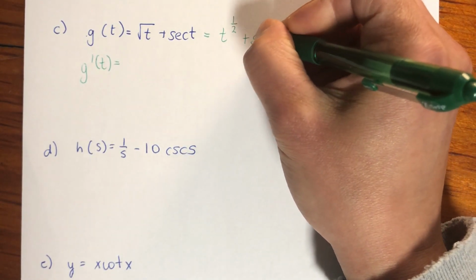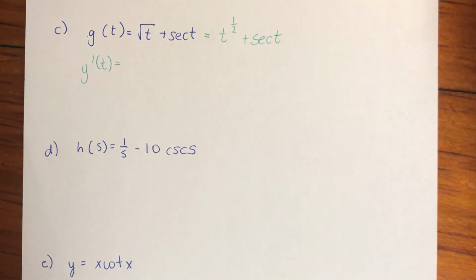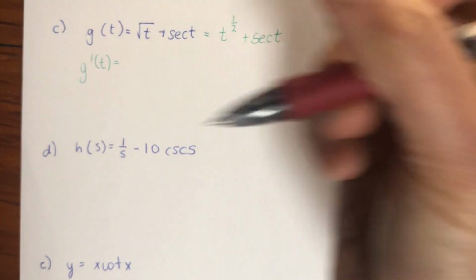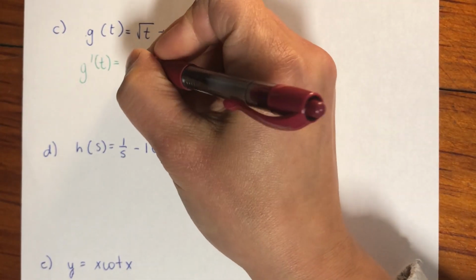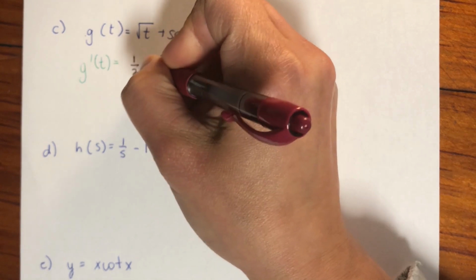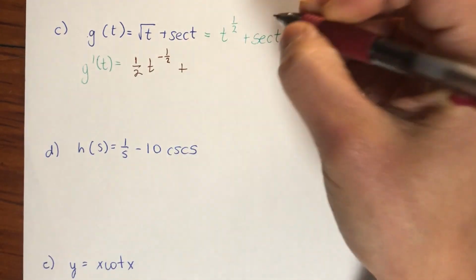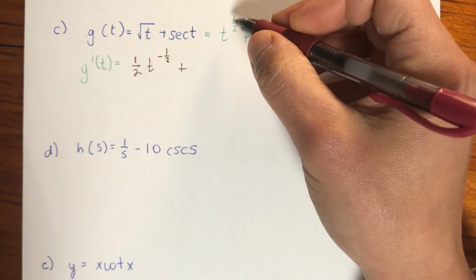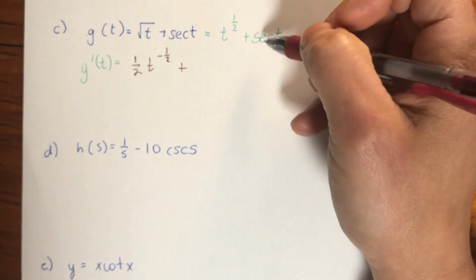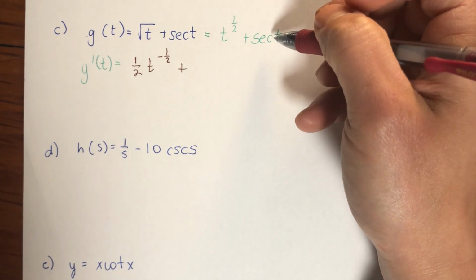Some of you are very fast with this, and you magically see it without writing it down. Well, I'm getting old, so for me, I will write this down. So 1/2 goes up in front, and then I have t to the power of -1/2, plus, this is not multiplication, so I just find the derivative of this and then derivative of this.